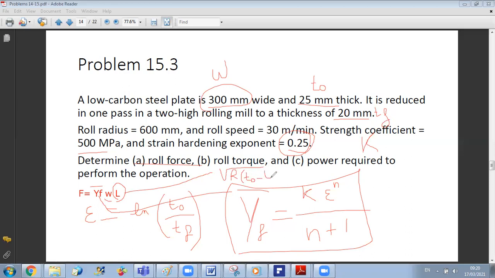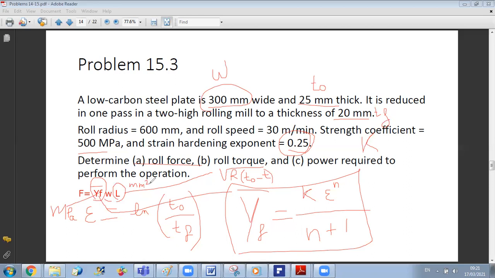Just pay attention to units. If you kept K in megapascal, then the average flow stress will be in megapascal. And if you multiply megapascal by millimeter square, because W is in millimeter and L is in millimeter, you will get megapascal times millimeter square.